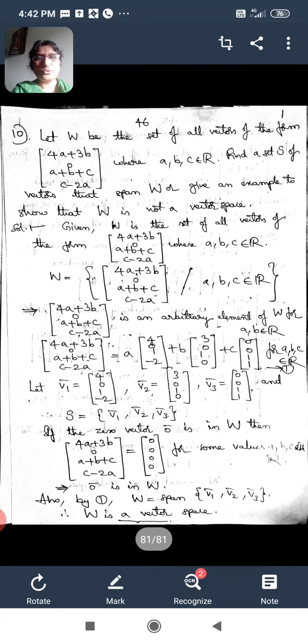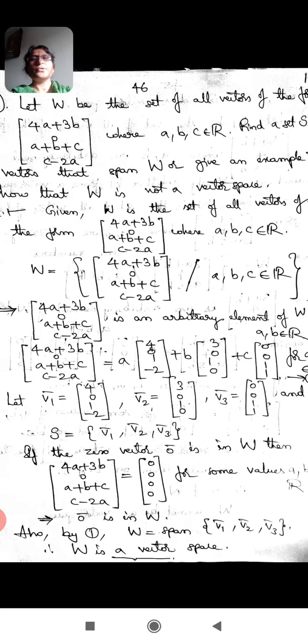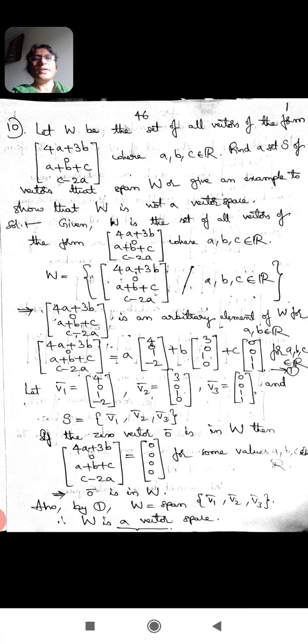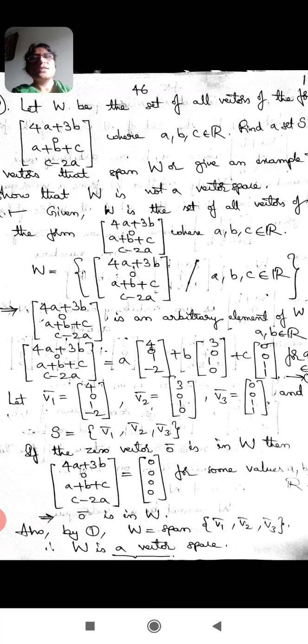Do recall the theorem that we proved in the previous video lesson: if v1 bar, v2 bar are any two vectors of a vector space V, then span of v1 bar, v2 bar will be a subspace of V. So to show that W is a vector space, we need to find a set S of vectors which span W, so that W is equal to span S. By that theorem, W will be a subspace. That means it will be a vector space.